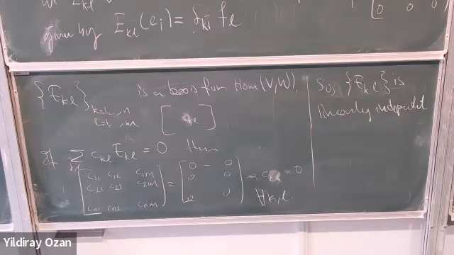Therefore, this is a spanning set for the set of all linear maps. Yani yaptığımız şey çok basit. Bunu parçalara ayırıyorum. Her seferinde her birinde sadece bir tane non-zero entry var. You just separate this into pieces so that each one has only one non-zero entry.